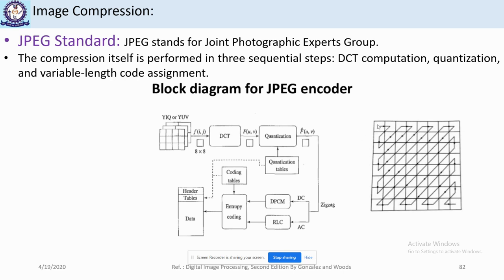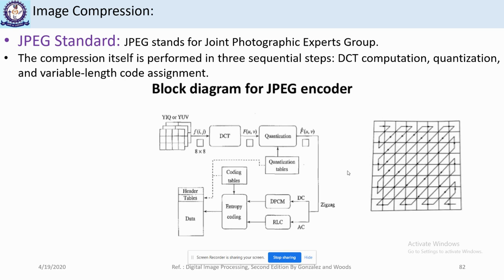To convert this into a 1D array, we do the zigzag coding. First we write this coefficient, then this coefficient, then this, then this coefficient, and this way we come here, then this way we go, and like this in zigzag fashion we will encode them. So this will be the first element, this will be the last element, and this will be the sequence of the elements in the 1D array. So this is called zigzag coding.